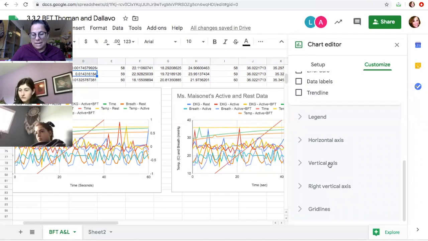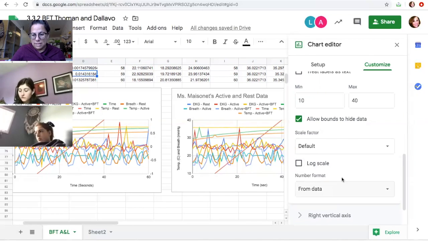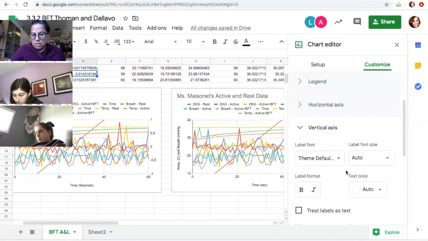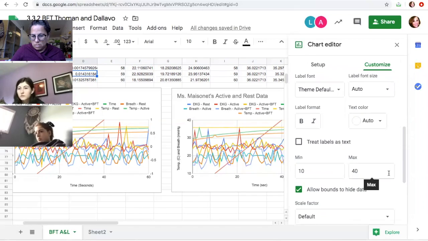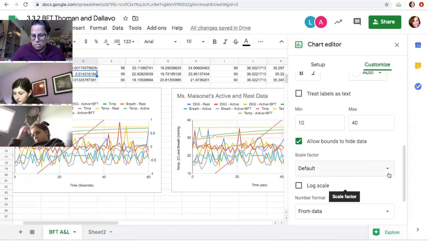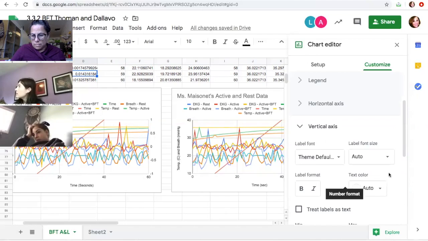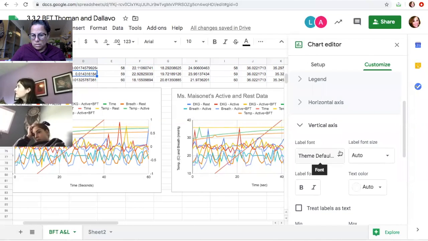I'm sorry, you're going back down to the bottom where it says vertical axis, but make sure you change to right.